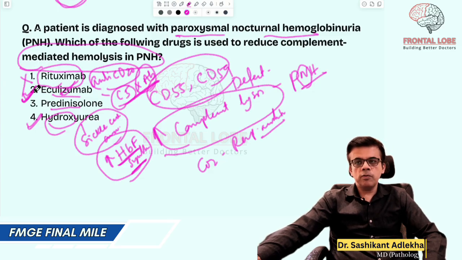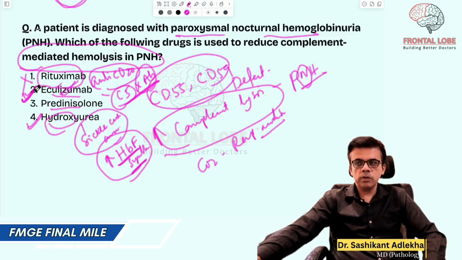So lots of patients have hypercoagulability, Budd-Chiari syndrome, the hepatic vein is particularly involved, some other veins also may be thrombosed. So hypercoagulability, more thrombosis risk is higher in PNH patients. PNH patients are also associated with risk of transformation to acute myeloid leukemia or even MDS. So these are the features of PNH, and the correct answer in this case is eculizumab.